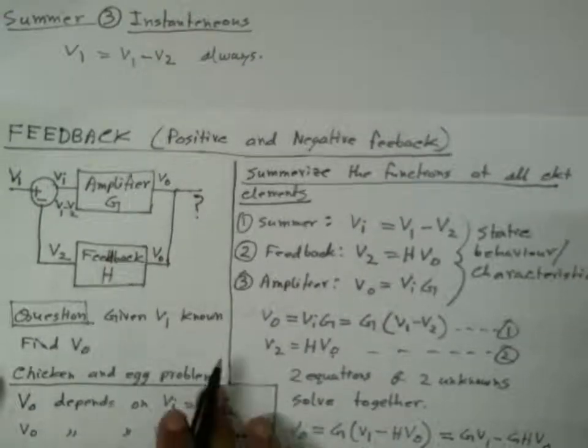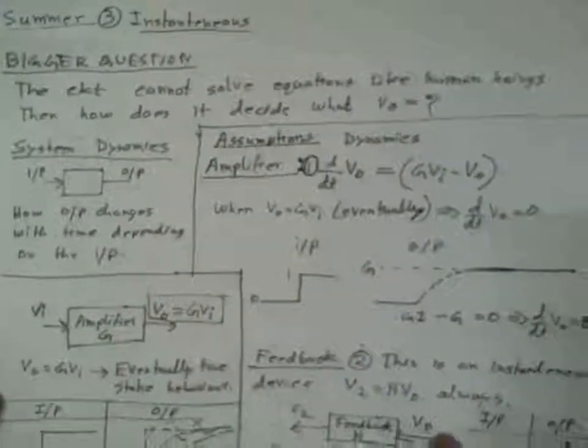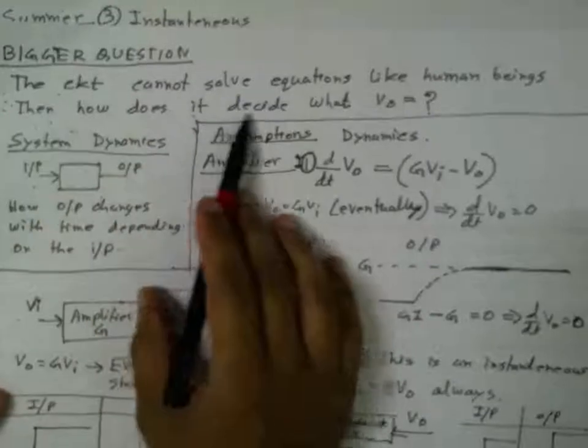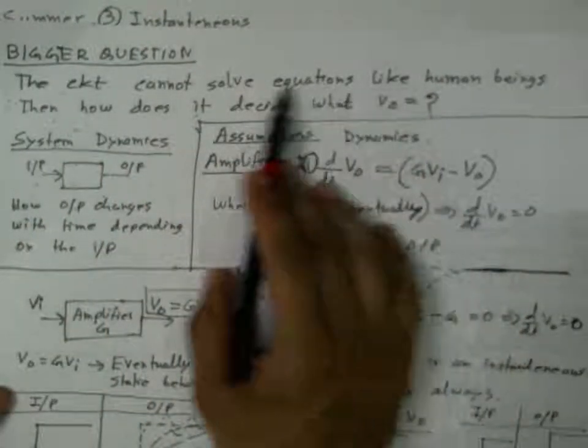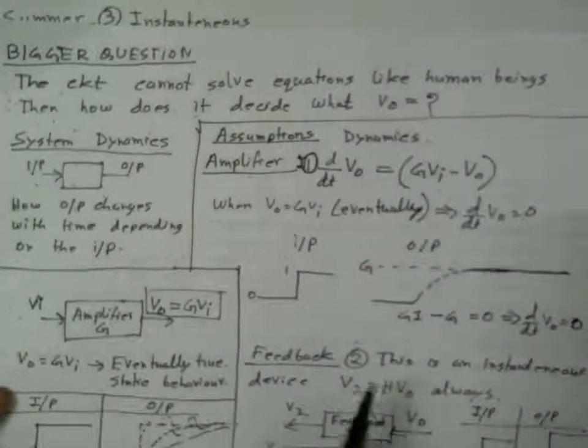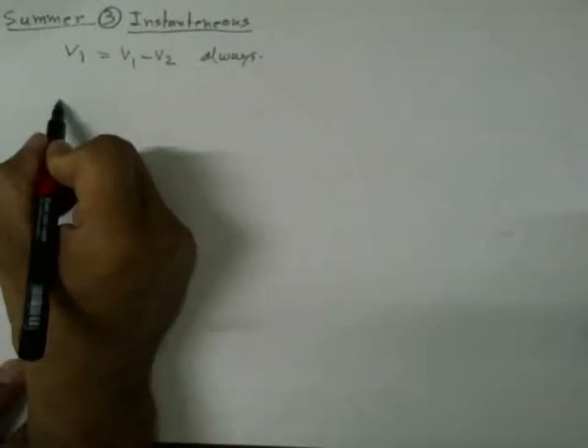are ready to go back to the bigger question which we posed. How does the circuit decide VO? Because it cannot solve simultaneous equations like human beings. Okay, so let's do that. For that, I will redraw this circuit once again for ready reference.